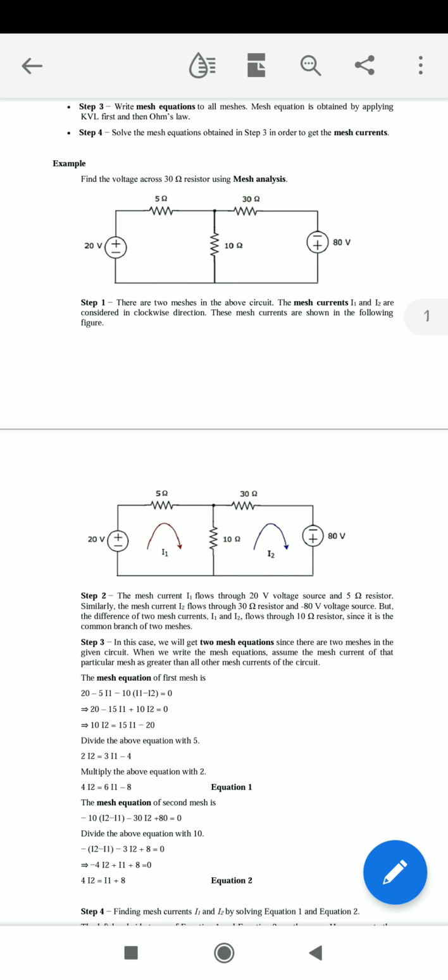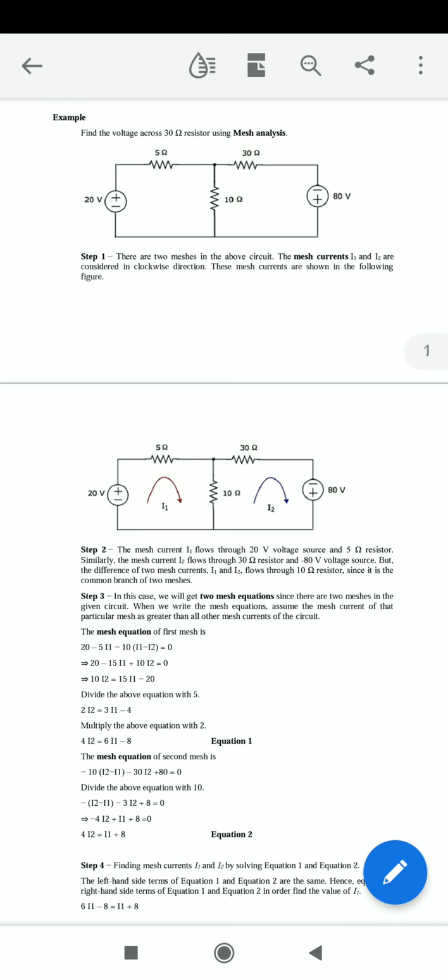Step 2: the mesh current I1 flows through the 20 volt source and 5 ohm resistor. Similarly, the mesh current I2 flows through the 30 ohm resistor and the 80 volt source. But the difference of the two mesh currents I1 and I2 flows through the 10 ohm resistor, since it is the common branch of the two meshes.